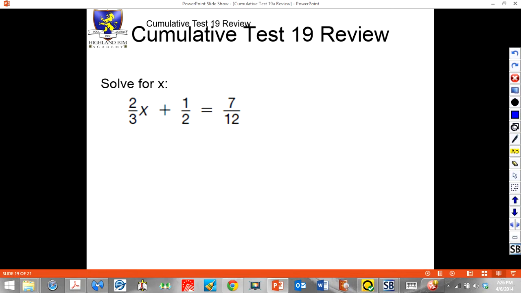Another time we solve for x, and this is fractions, so first thing we want to do is we want to isolate the x. So we're going to get rid of that 1/2. So 2/3 x plus 1/2 is equal to 7/12, and we subtract 1/2 from both sides, 7/12 minus 6/12, right?